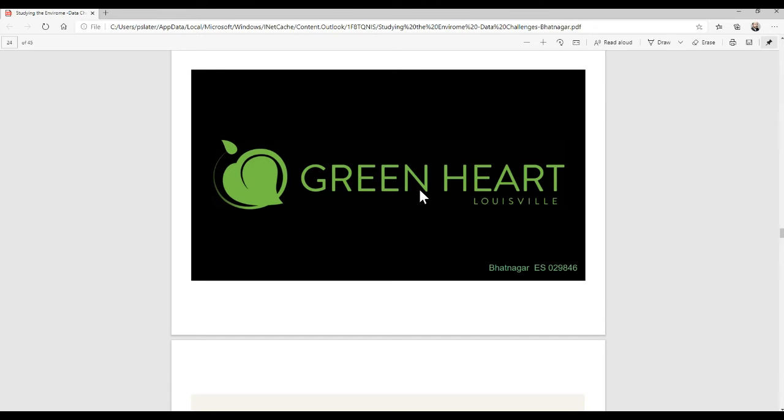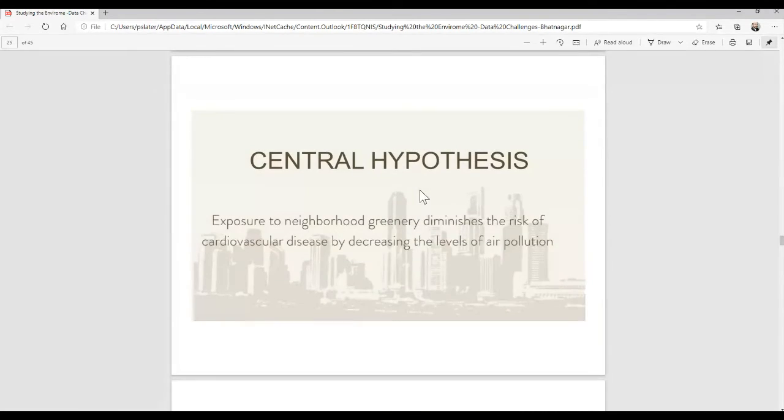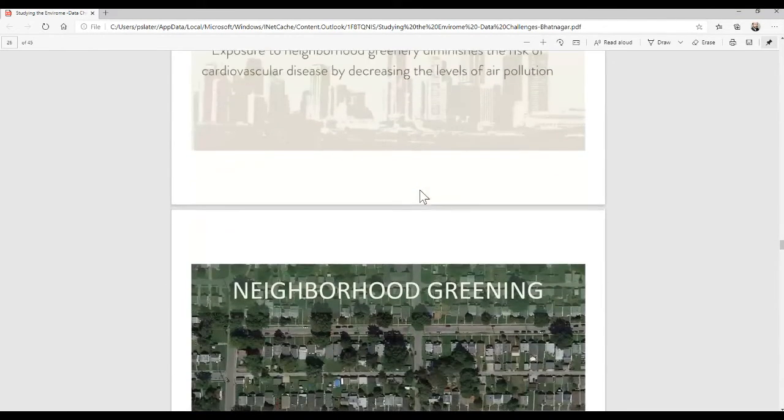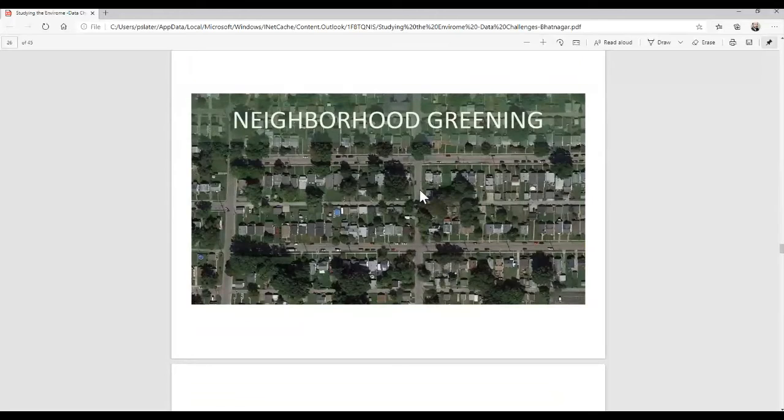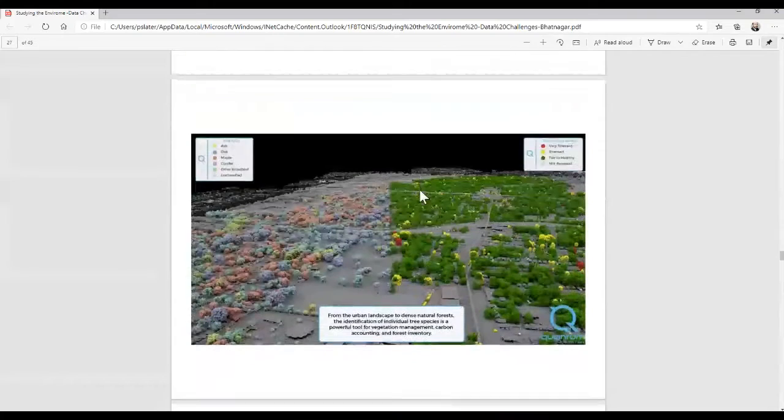So what happens is we would be able to assess the role of the natural environment and how it would change the way people are exposed to air pollution. It could also help us understand how we could design neighborhoods, and tell us whether or not there are higher levels of air pollution in a particular neighborhood.